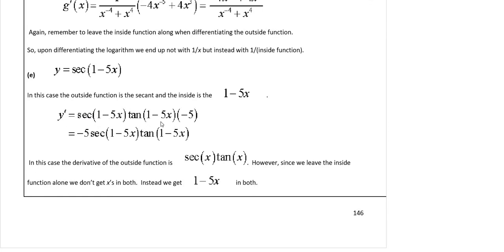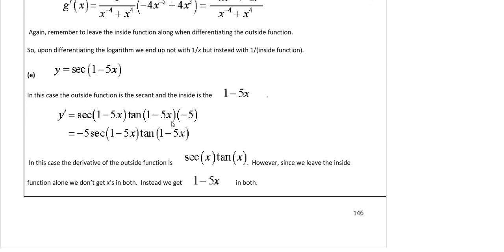Don't mess with the brackets. It's going to stay 1 minus 5x here, and it's going to stay 1 minus 5x there.